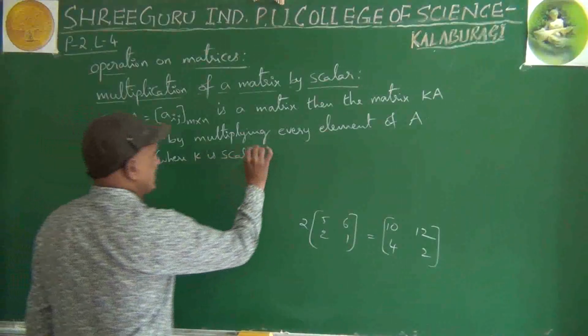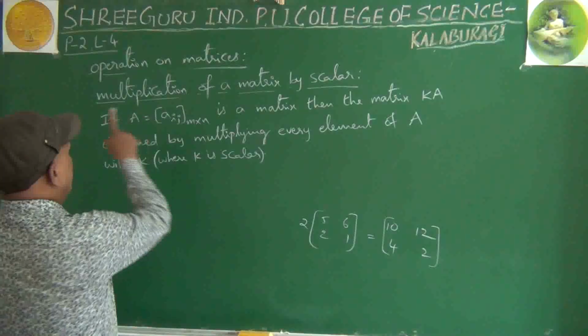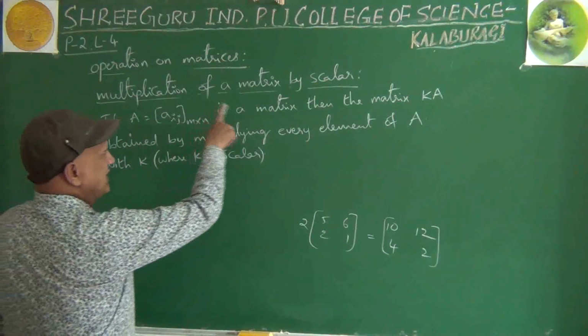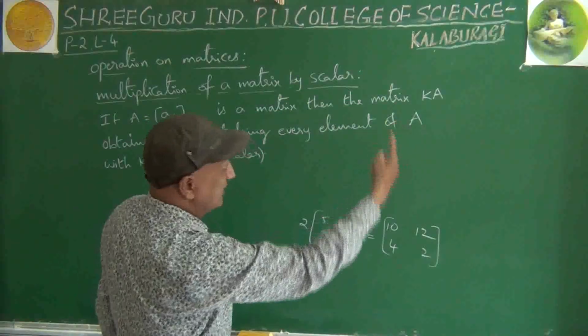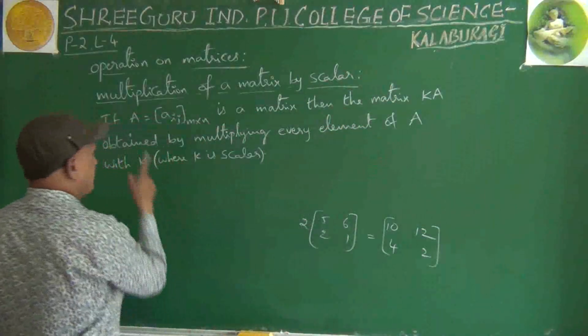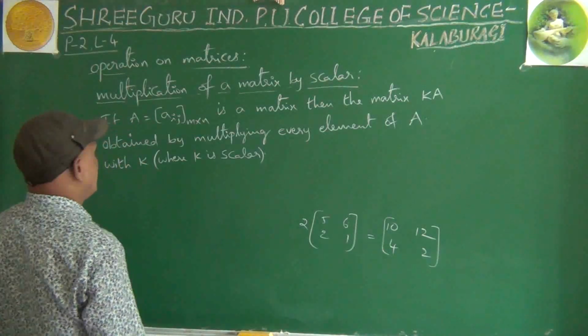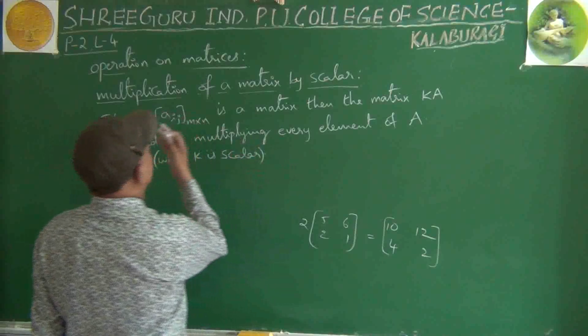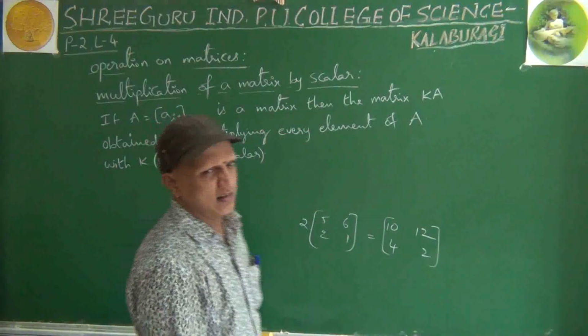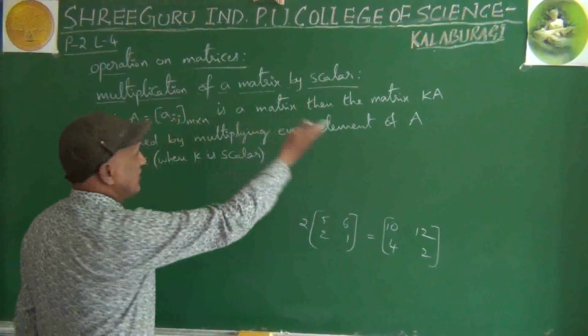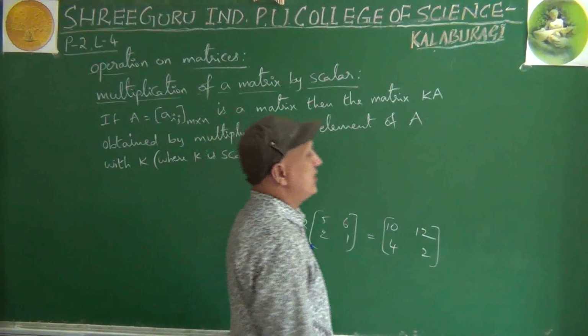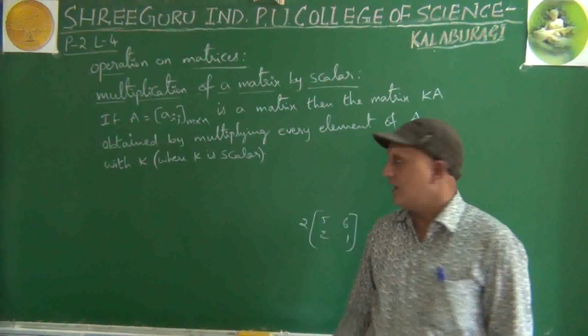Better to write "where K is a scalar" in brackets. If capital A is a matrix, then the matrix KA obtained by multiplying every element of A with K is called multiplication of a matrix by a scalar. That is called scalar multiplication.